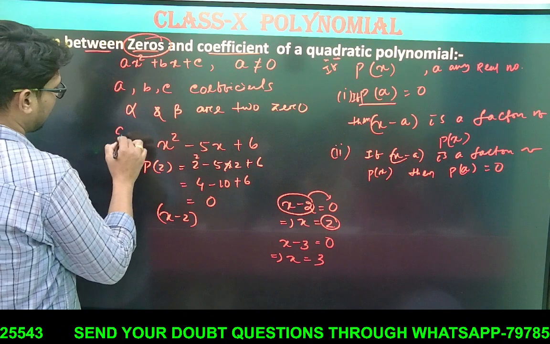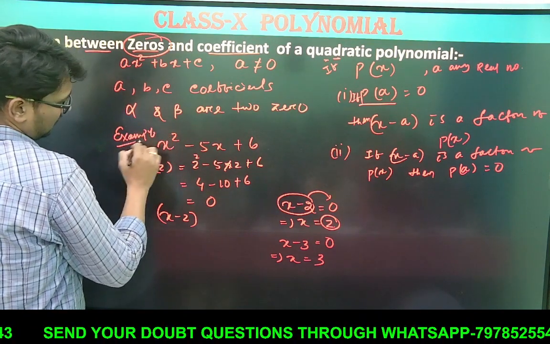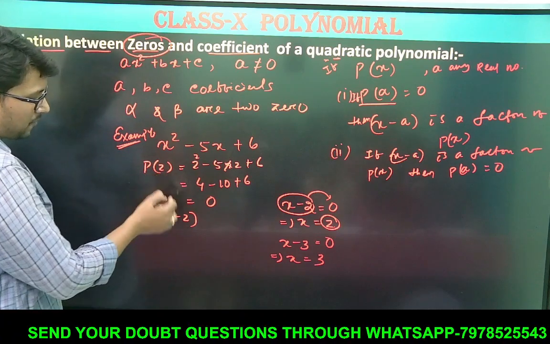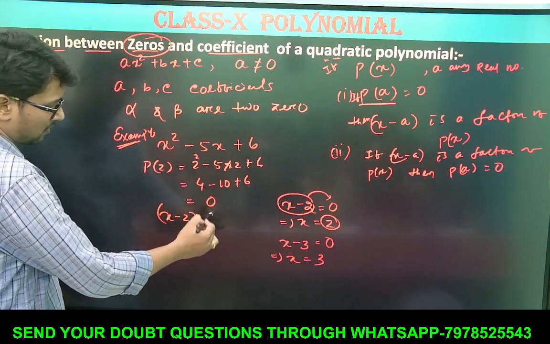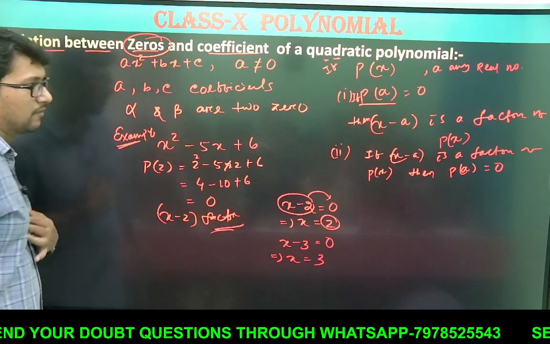Example, have you written? So this is the example. We have found p of 2 is 0, hence x minus 2 is a what? Factor. Clear everyone?